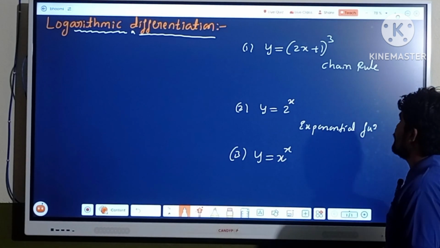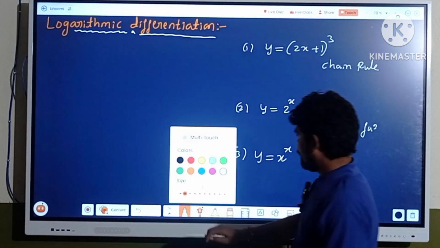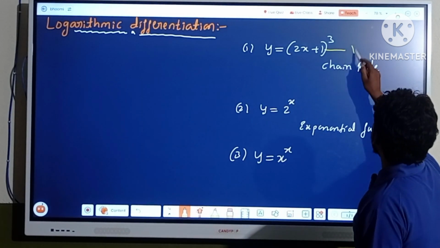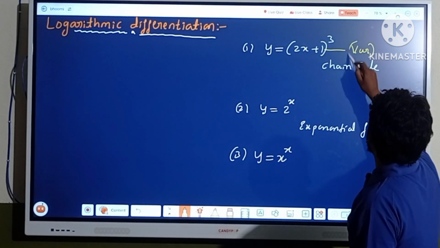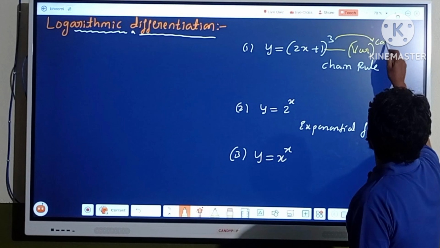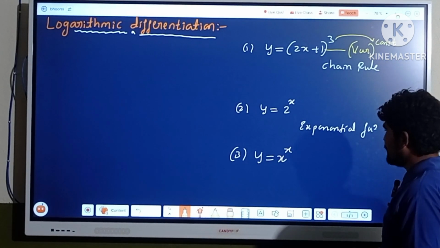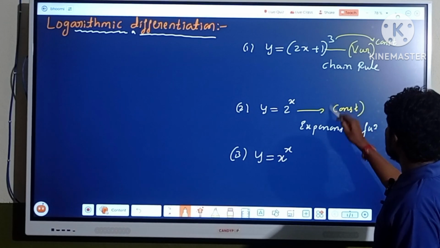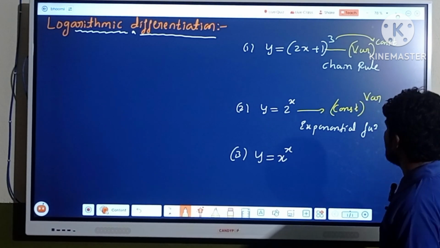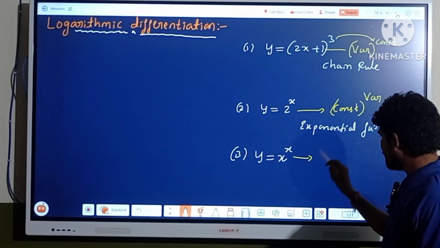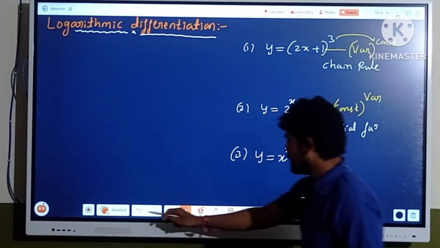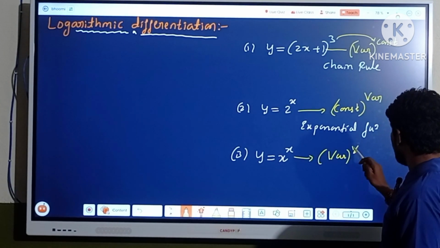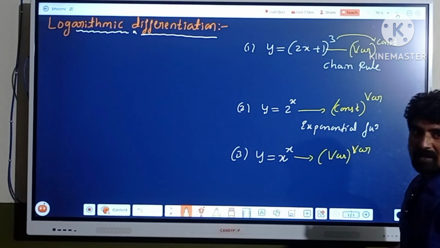Now observe here, in the first question, the function is of the form variable power constant. In the second question it is constant power variable. But in the third question, variable power variable exists.